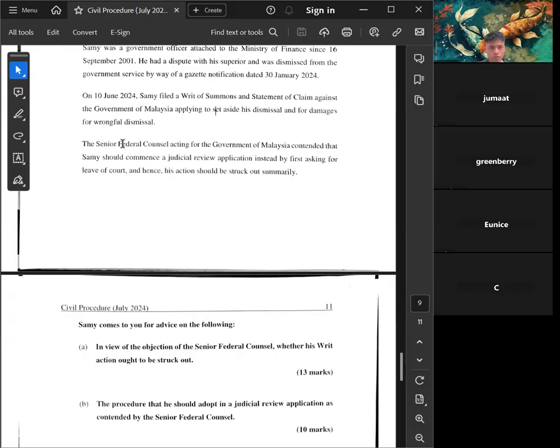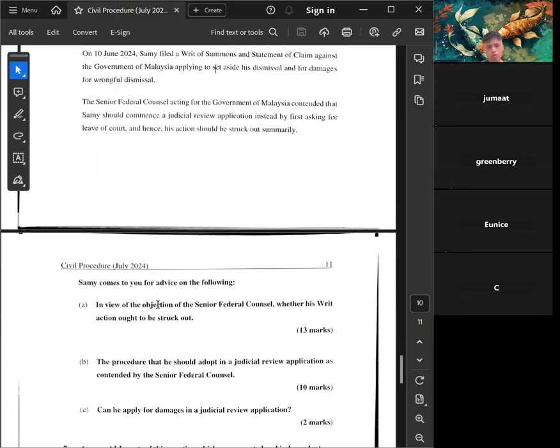Now, the senior federal counsel acting for the Government of Malaysia contended that Sammy should commence a judicial review application instead by first asking for leave of court, and hence the action should be struck out summarily. Now he comes to you for advice on whether the objection from the senior federal counsel on the writ action ought to be struck out.